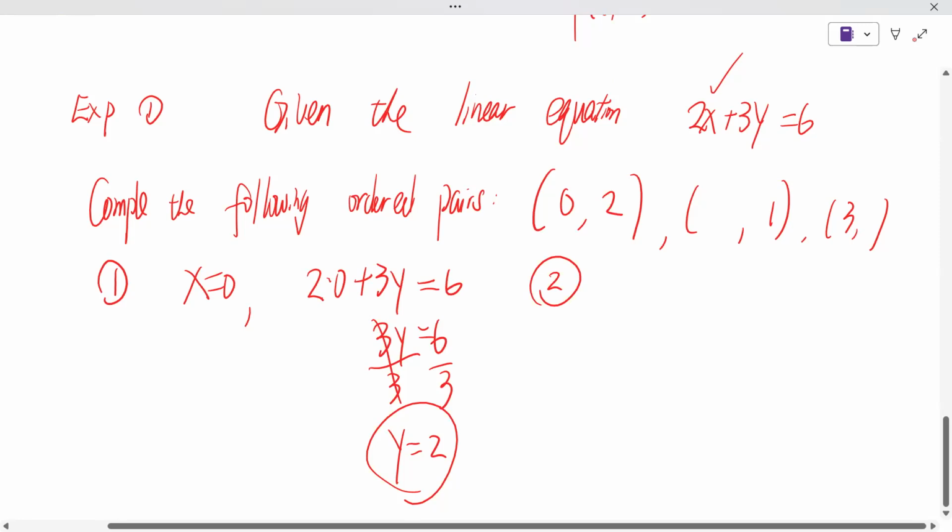Second, the given y value is y equal to 1. That means go back to the original equation, replacing y with a 1 and solve for x. Here we get 2x plus 3 times 1 equals 6.